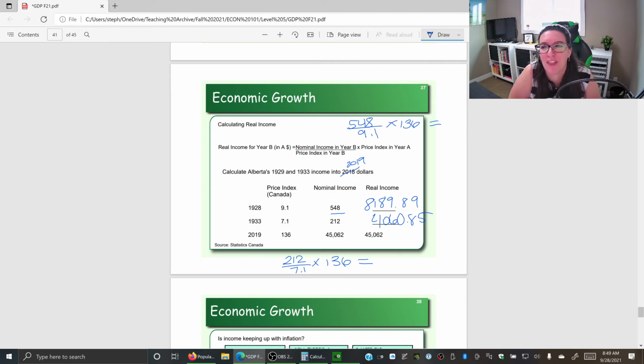Can you live off of $4,000 now? So we can see how bad it was during the Great Depression when you recognize that the average income right now is $45,000, and we often have two earners in our family just to pay the bills, right?